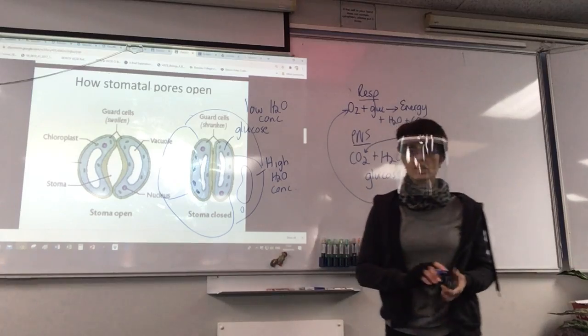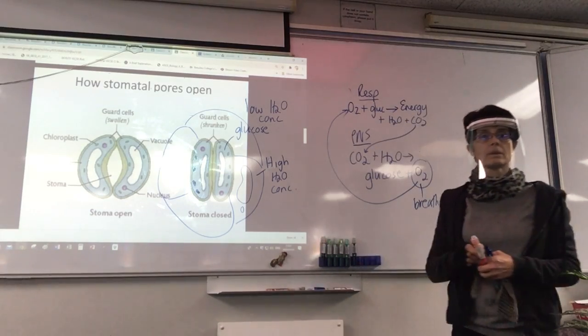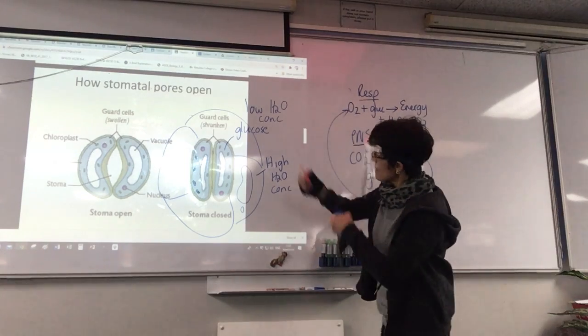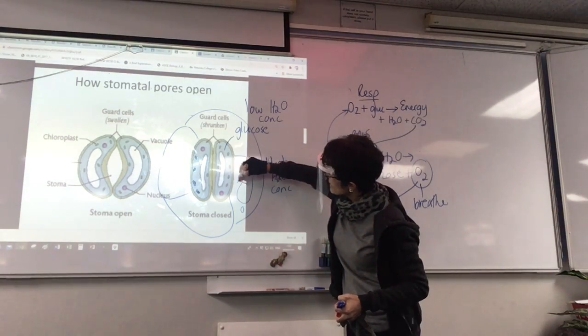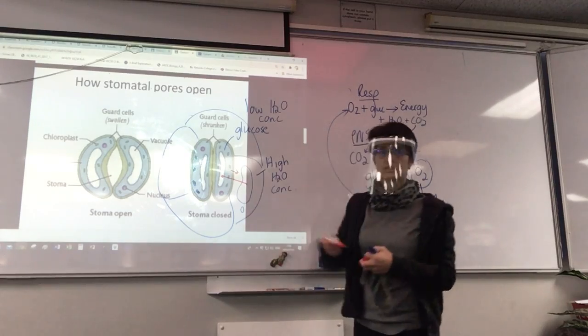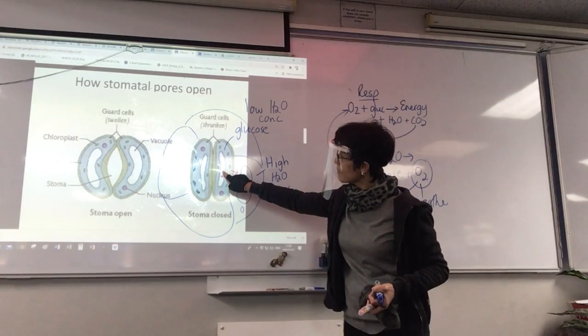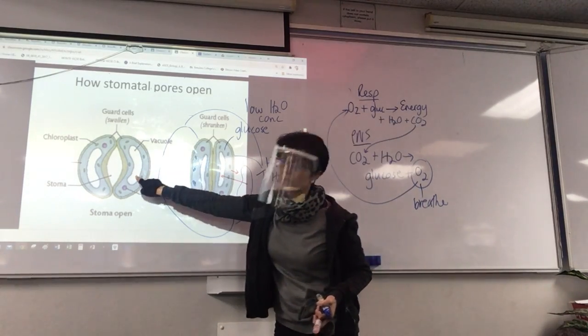In which direction will water move? Into the cell. Water moves both ways, but more water will move in than out, because water molecules are small enough to fit. So if water fills up that vacuole, can you see it becomes bigger?